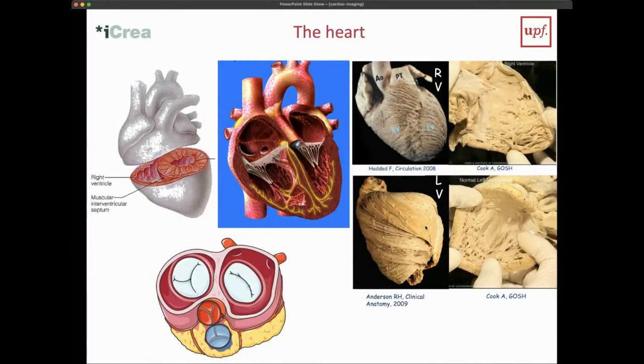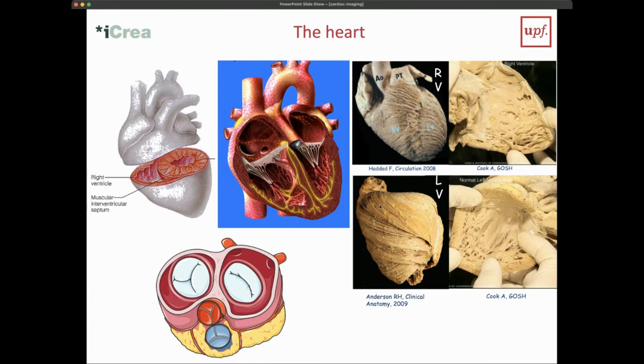But the more you go from the outside of the muscle towards the inside, there's a gradual change of this direction, so that in the middle of the wall the fibers are not anymore from the valve towards the apex, but are really going around the circumference of the ventricle. So here they're totally circumferential, as we say. And if you then go more towards the endocardium, the inner surface, they become a little bit more longitudinal again.